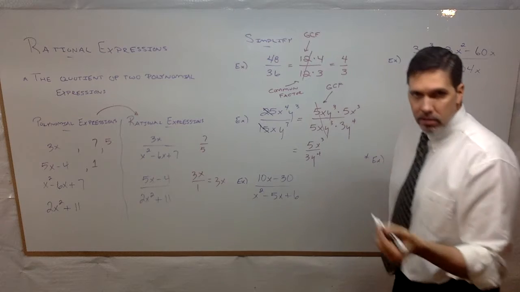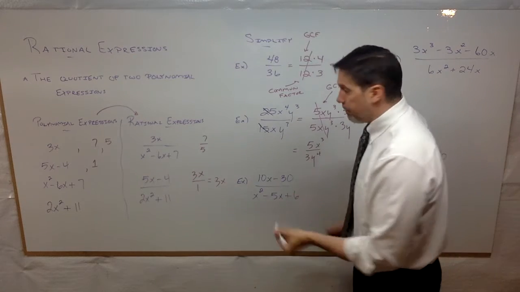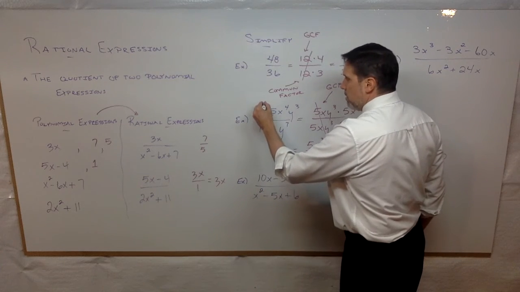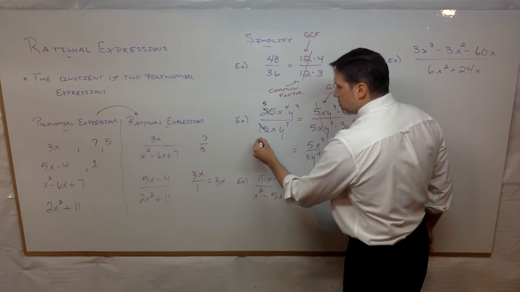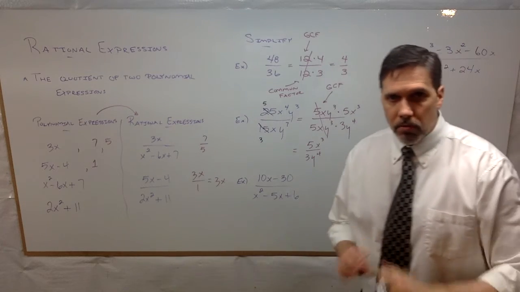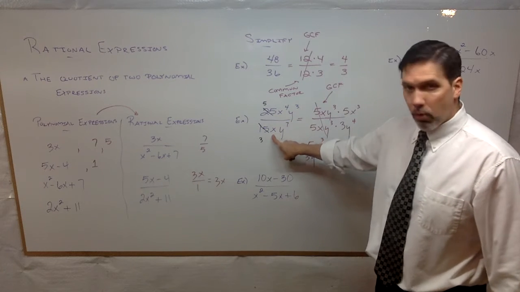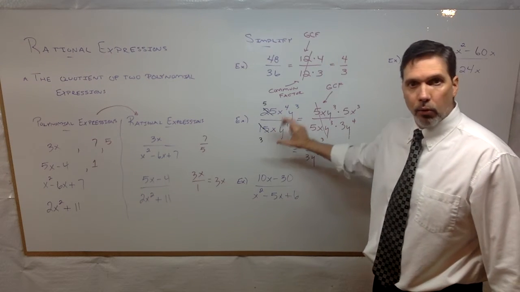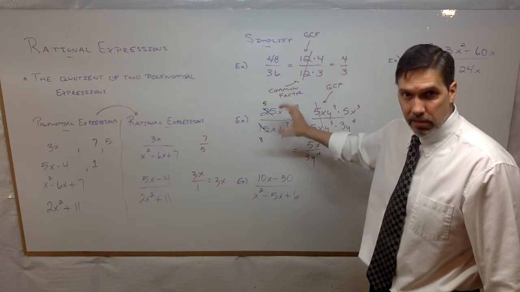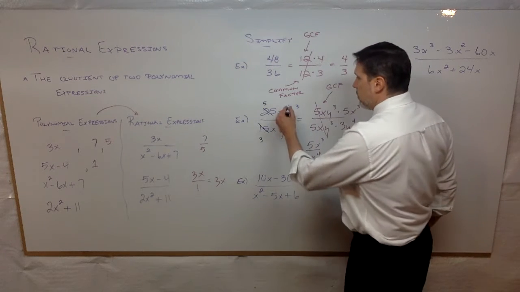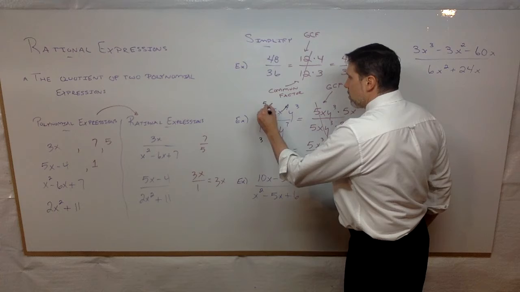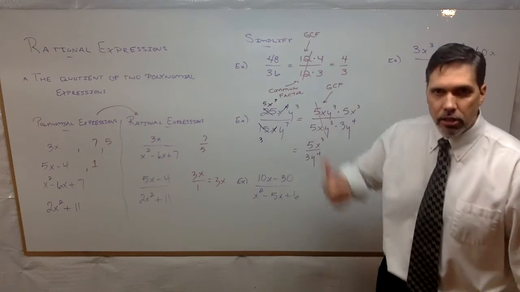Largest number that divides into 25 and 15, the greatest common factor, is 5, still the same. 5 divides in there 5 times, into there 3 times. Right? Well, if I have 4 factors of x in the numerator and 1 factor of x in the denominator, only 1 factor of x is canceling both numerator and denominator, leaving me with 3 factors of x in the numerator.